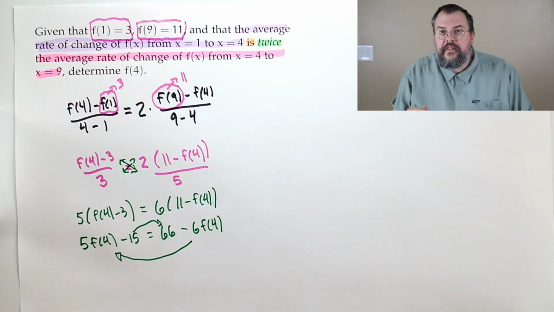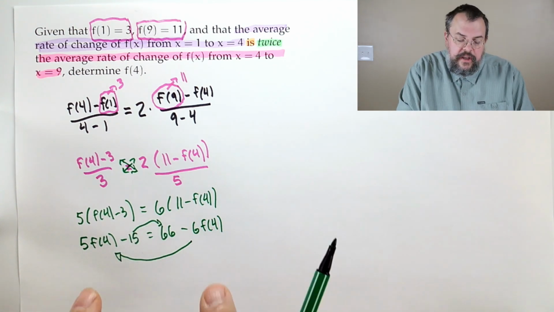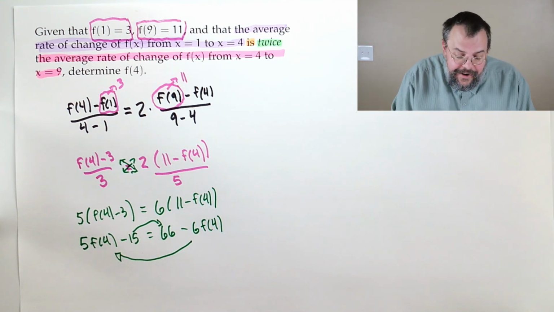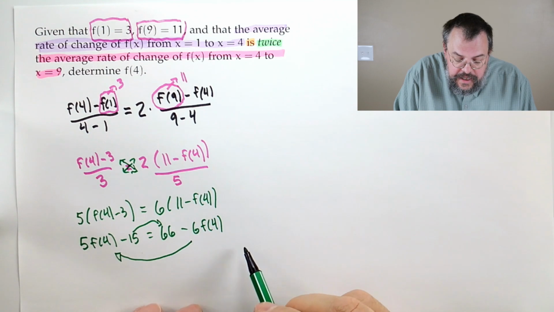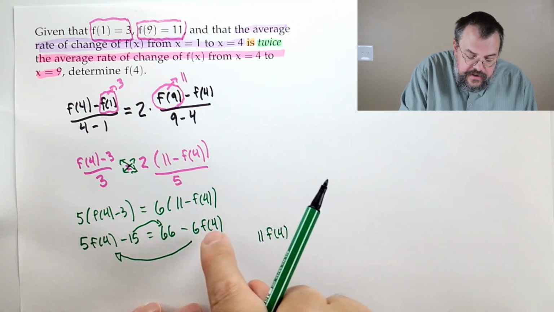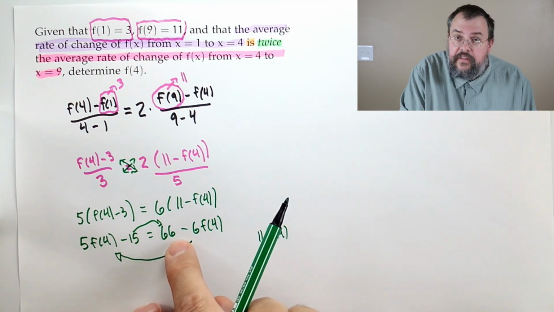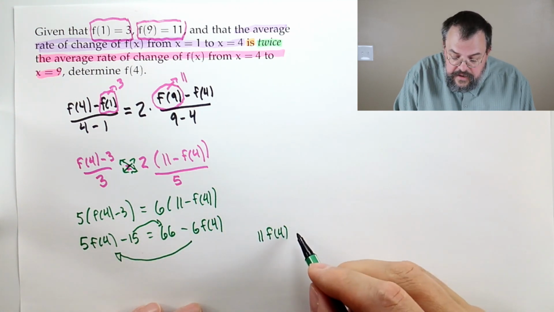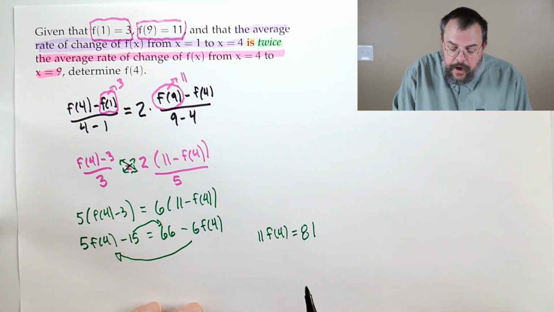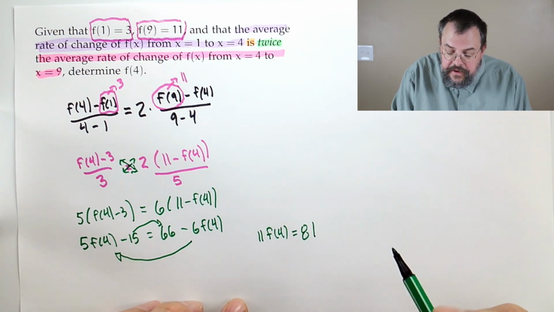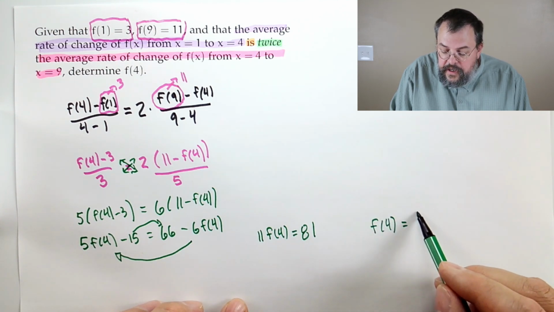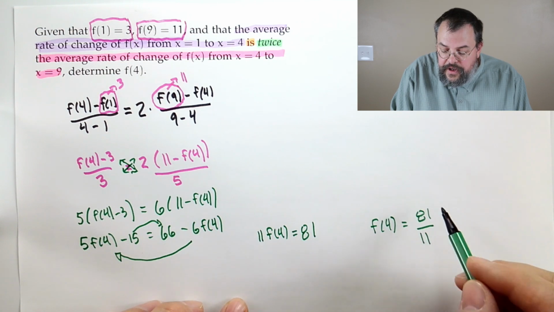So the idea is combine things that are similar. These terms all have f of 4. They're similar. Let's put them together. All right, and if we do that, what do we get? We get 11 times f of 4, because there's 5 here, 6 more are coming in, is 66 plus 15, and that's 81. Okay, and now we're almost there. I just need to get rid of that 11, and I do it by dividing. So f of 4 is 81 over 11.